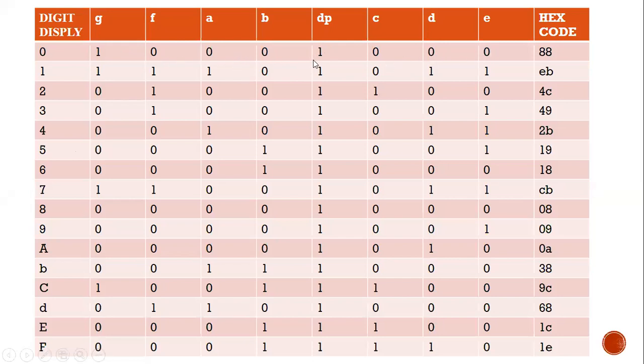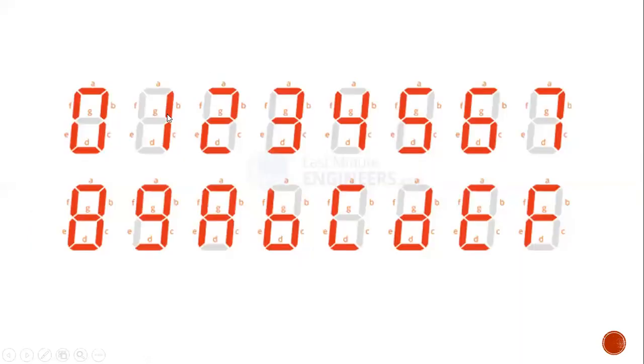Here we have 8 bits, so this is the upper nibble and this is the lower nibble. 1000 is 8, and 1000 is 8, so we will have the hex code 88. In the same way, for displaying 1, B and C should be logical 0, and all others should be logical 1.